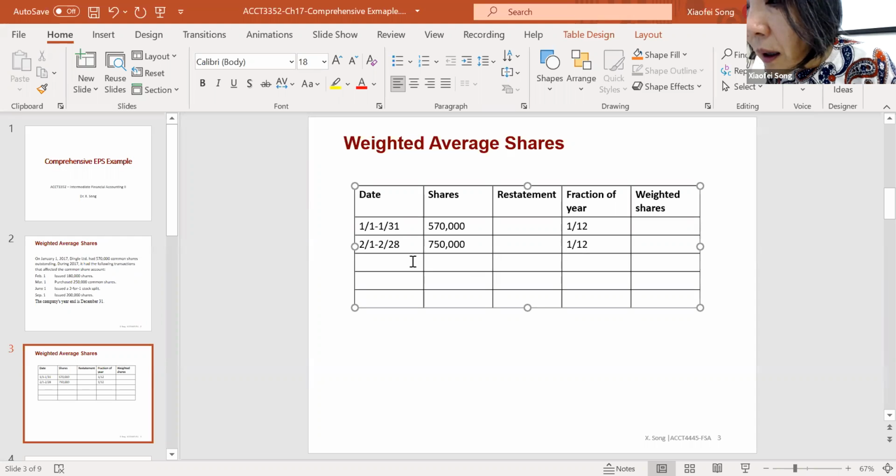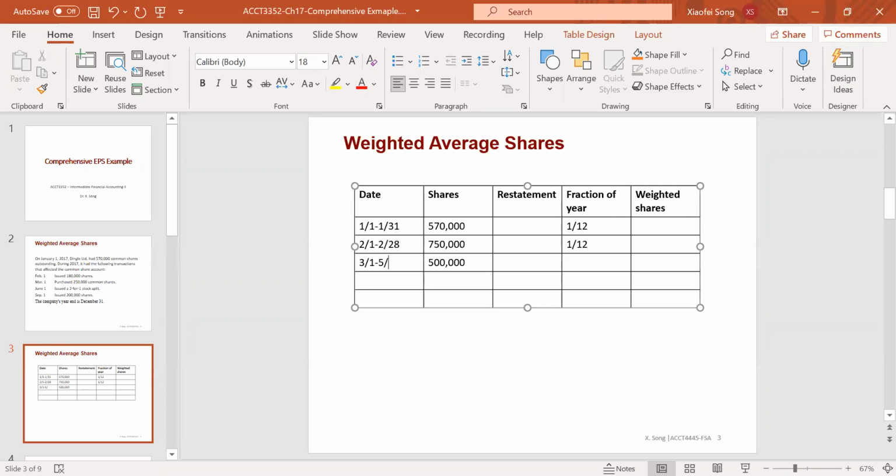And then what happened on March 1st? Repurchased 250,000 shares. So the shares will reduce to 500,000 shares, and stay like that until June 1st. So that's March, April, May, 3 months. So it's March 1st to May 31st.